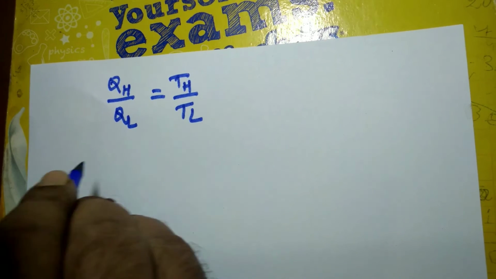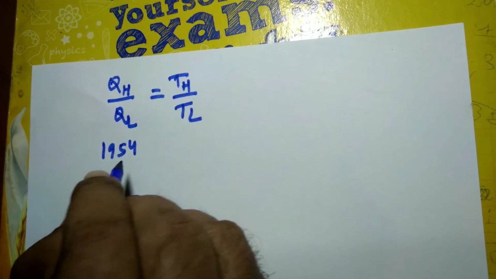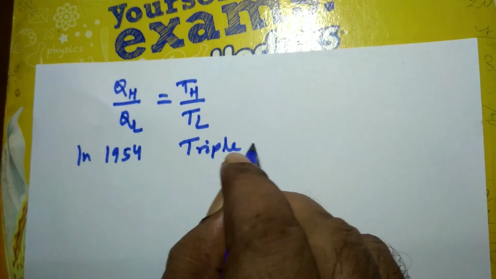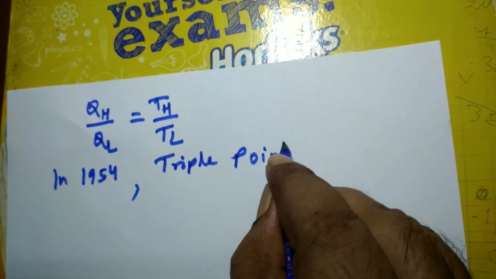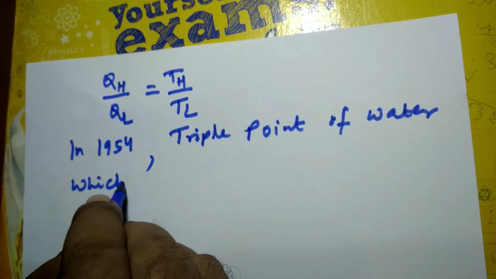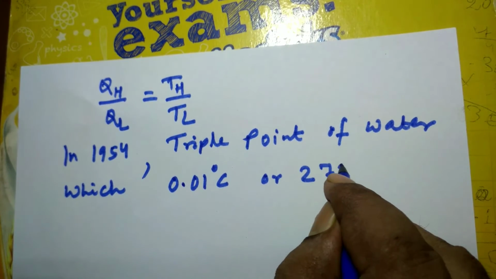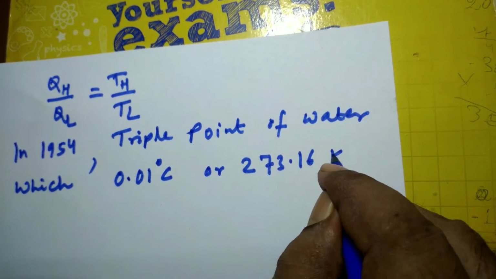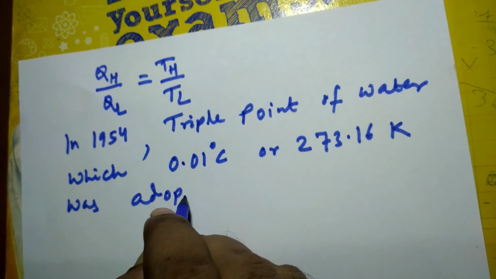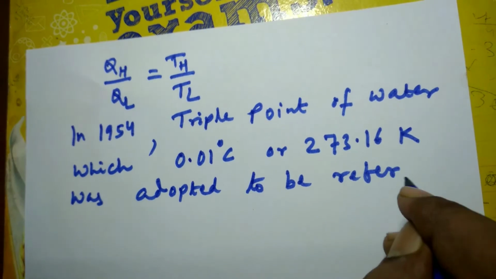And in the International Conference on Weights and Measures, which was held in 1954, triple point of water, which is 0.01 degrees Celsius or 273.16 Kelvin, was adopted to be a reference point.